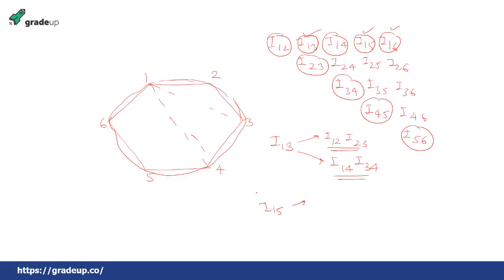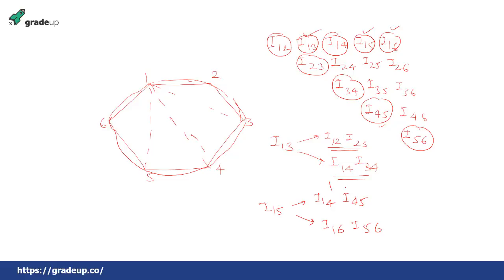How can we reach I15? It can be reached by I14 and I45, because I45 is already there, and also by I16 and I56, which we have found. I16 and I56 are already there.